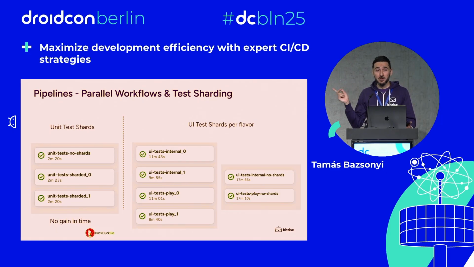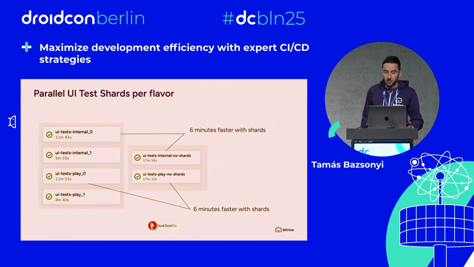But if you are looking at the UI test part, you can see that on the right-hand side, the executions were almost around 18 minutes. But if we are looking at the sharded executions, it goes down to under 12 minutes. So we are basically saving 6 minutes by sharding our UI tests.